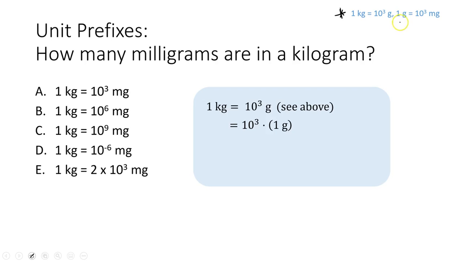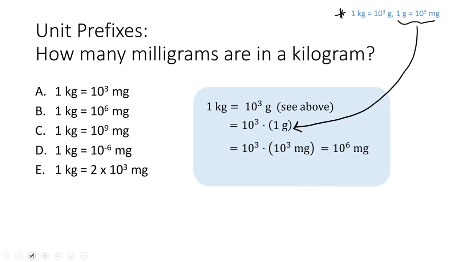Then I just plugged in that 1 gram is equal to 10 to the 3rd milligrams. So I have 10 to the 3rd times 10 to the 3rd, which, remember, when you multiply things that are raised to a power, the powers add. So I end up with 10 to the 6 milligrams. It's tempting to multiply them together and get 10 to the 9, but you actually want 10 to the 6. So that tells me that my answer should in fact be B.